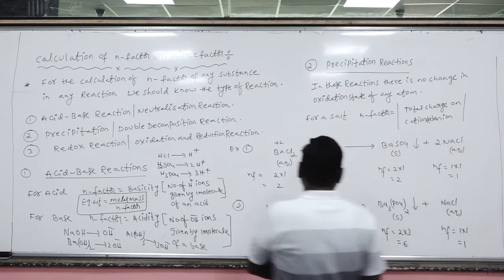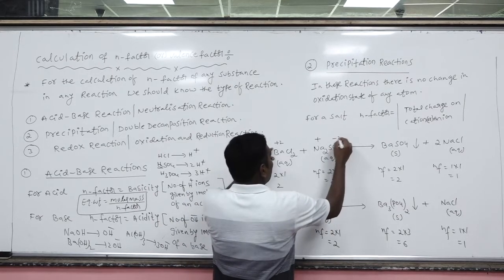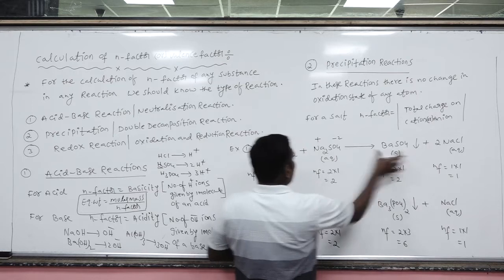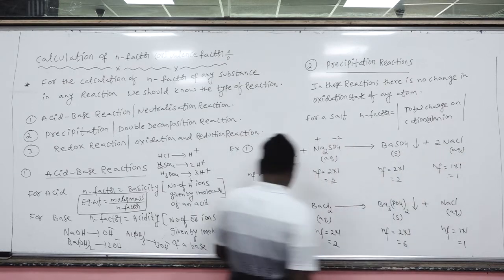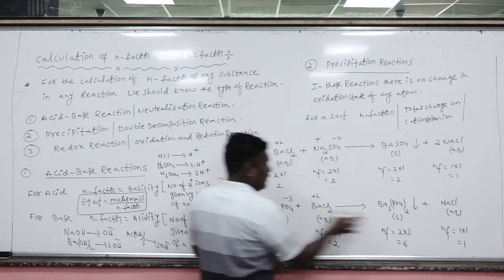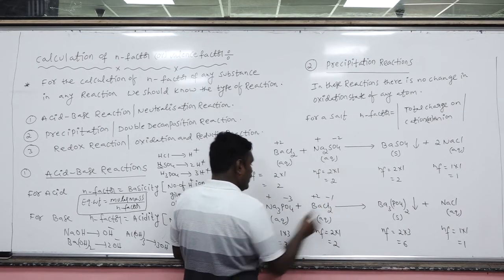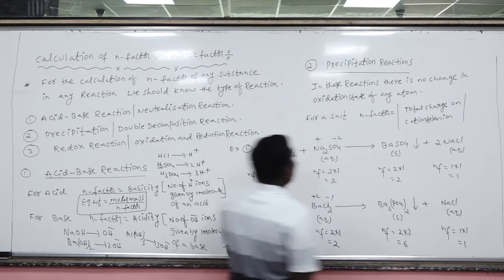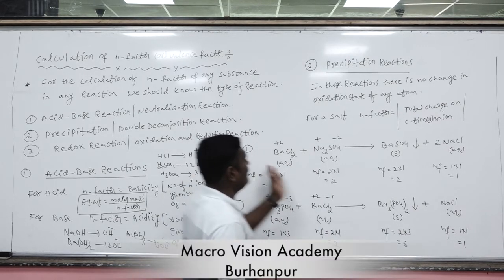Now, in these reactions, what happens? Mutually, ions are exchanging. Barium ion combines with sulfate ion to give barium sulfate. Sodium ion combines with chloride ion to give sodium chloride. Here also, phosphate ion combines with barium ion to give barium phosphate, and sodium ion combines with chloride ion to form sodium chloride. In these reactions, there is no change in the oxidation number on the left side or right side.